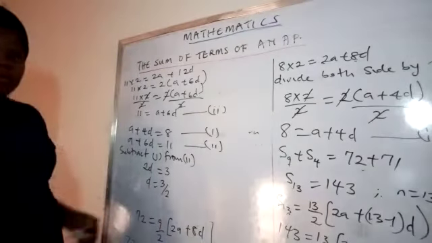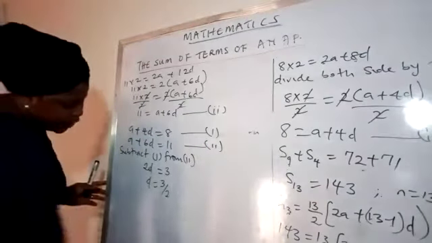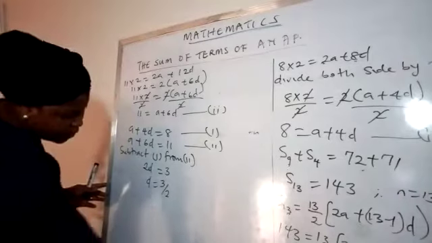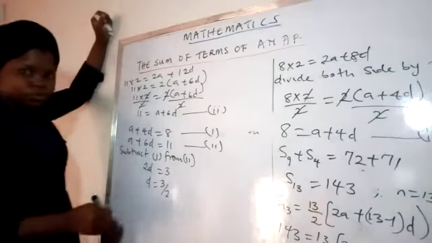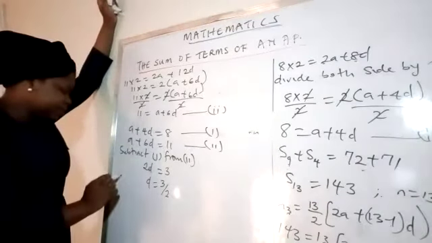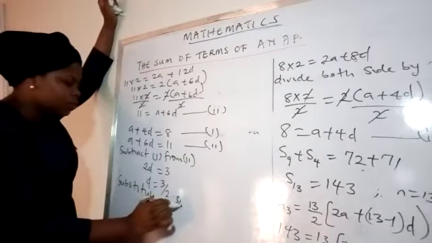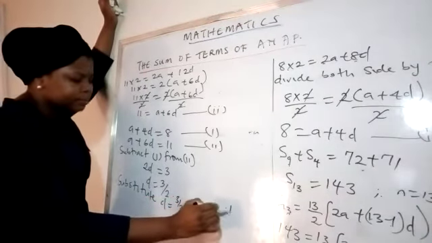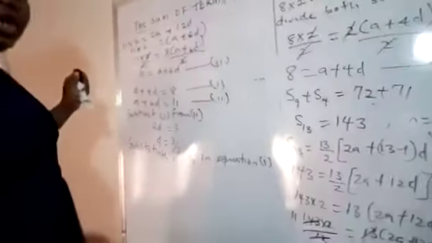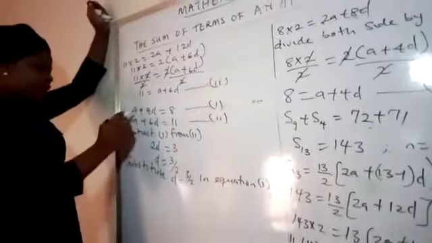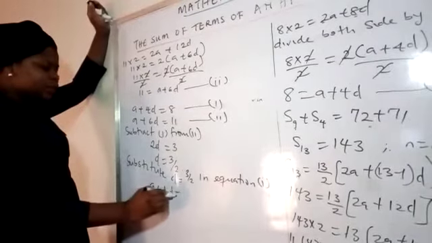So I know my common difference. Now the next thing to find is my first term. To find the first term, we can substitute d in either equation 1 or equation 2. Substitute d equals 3 over 2 in equation 1. Equation 1 is a plus 4d equals 8.